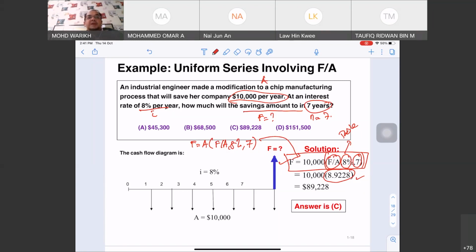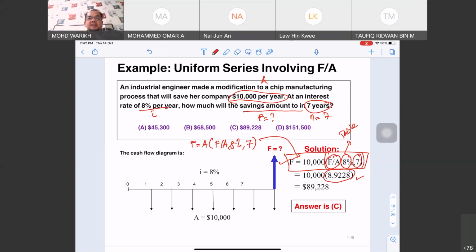That means they have to pay every year, so that is an outflow. The keyword here is "will save her company 10,000 per year". He didn't give you exact numbers, just 10,000 ringgit. But the word is saving, then you have to pay every year. When you have to pay every year, it is an outflow.